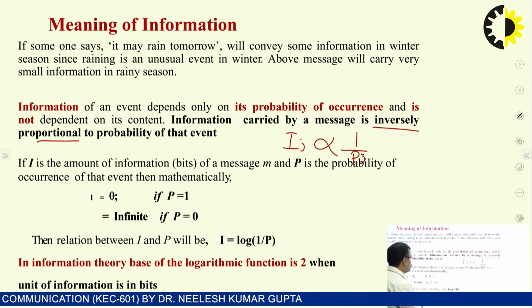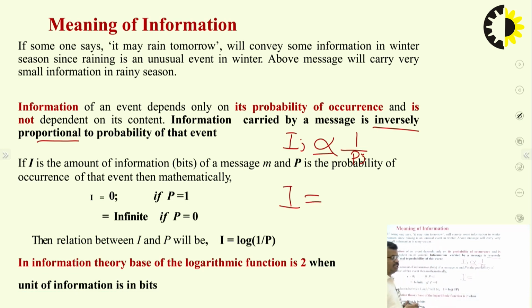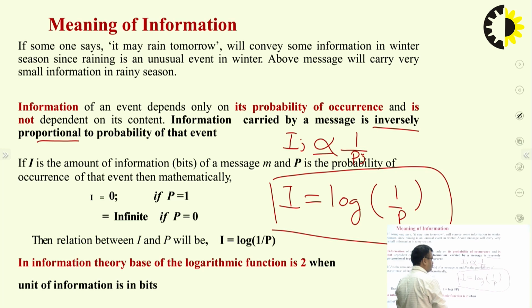Okay. If I remove this proportionality sign, a constant or some function will be there. So, if I take the log function, log of 1 upon p, this is the formula of information. I is equal to log of m upon n, so it will be log m minus log n.